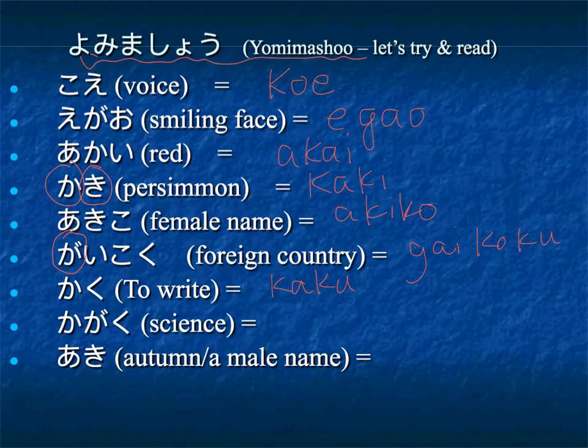And science is ka, and then we have a ga here because it's ka with ten-ten, kagaku. And then a name, I think this can also be a female name: you have I caught a fish, and you have the shape of a key, and it's aki.